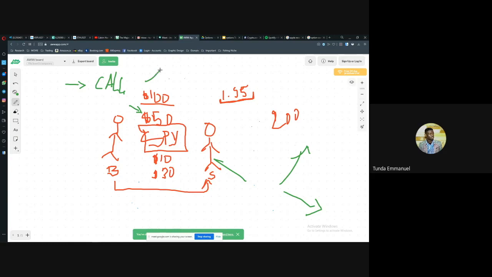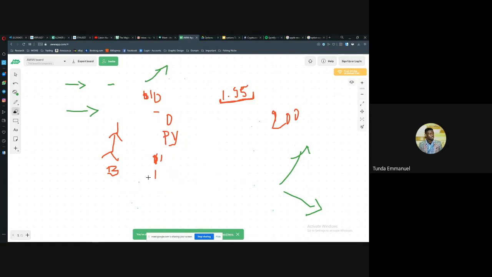Then you are long in that trade. You are long in that company. And when you buy a put, it means you are negative, or you believe that the price will go lower for that specific stock.